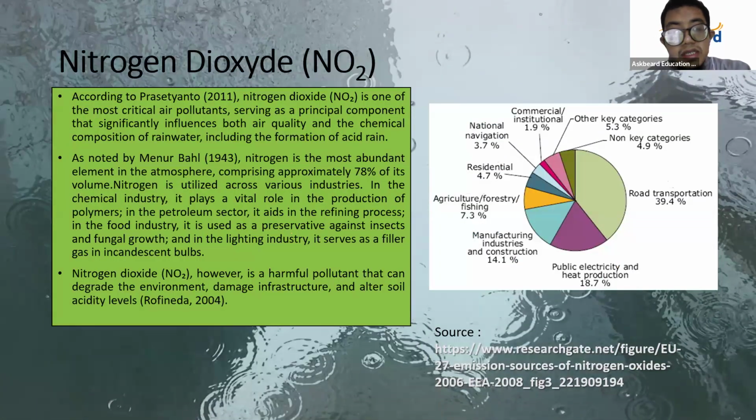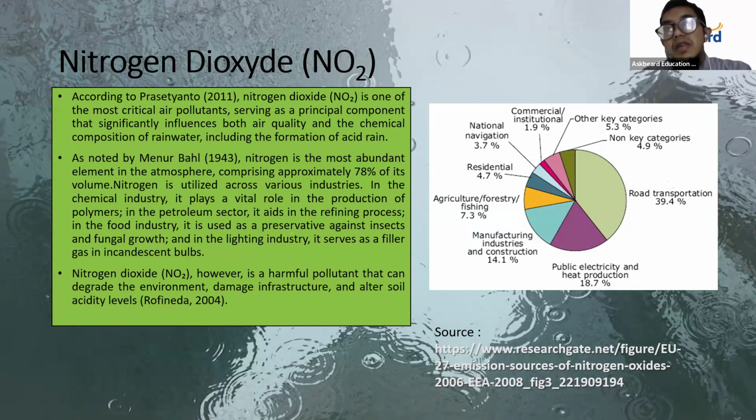Usually, nitrogen dioxide may result in acid rain. Yes, we know about acid rain. Acid rain is when the precipitation, the rain, may change the pH of the soil.